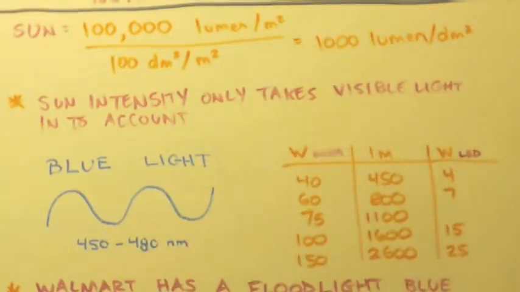That's about the size of a 500 milliliter flask. And if you use a 1,000 milliliter flask, you only fill it halfway up, which is 500 milliliters. So that's why I wanted that particular area, and it comes out to 1,000 lumens per square decameter.